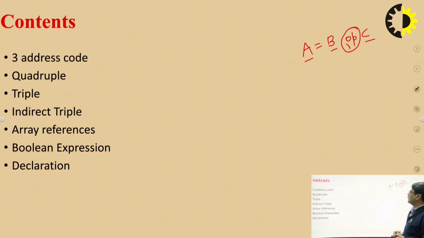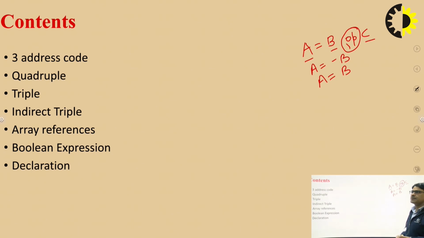The different kinds of statements are called 3-address code, like the assignment statements. Assignment statements contain 3 kinds: A = B operator C, A = minus B, which is generated by a unary operator, and A = B. These 3 kinds are called assignment statements.